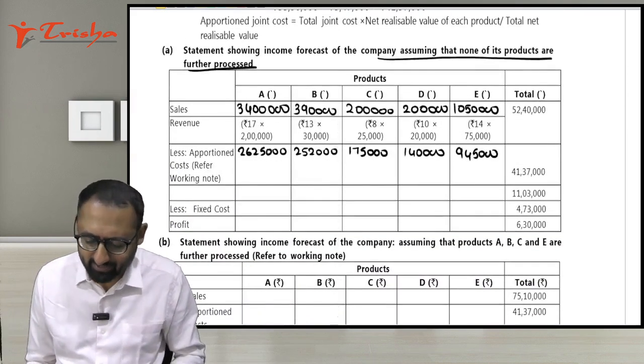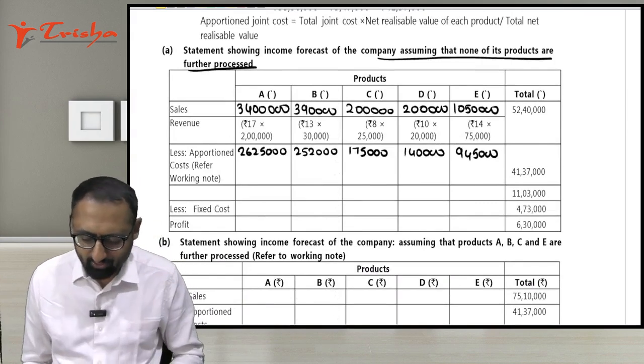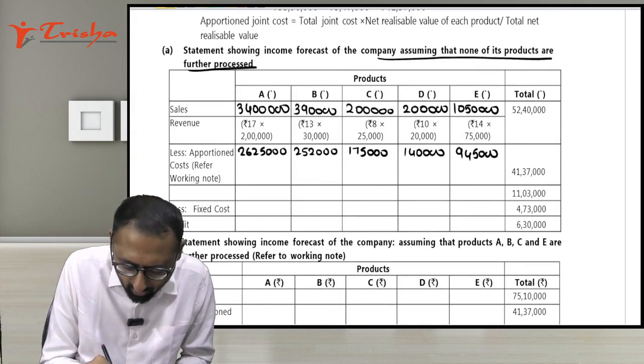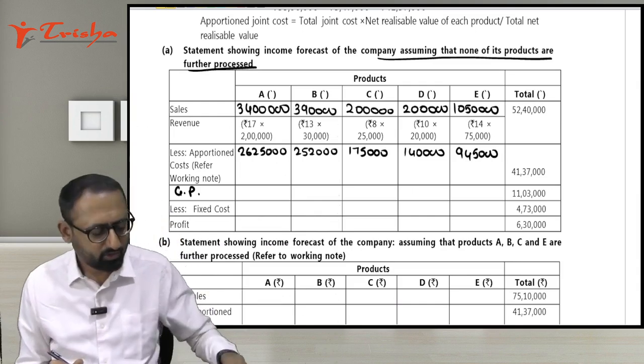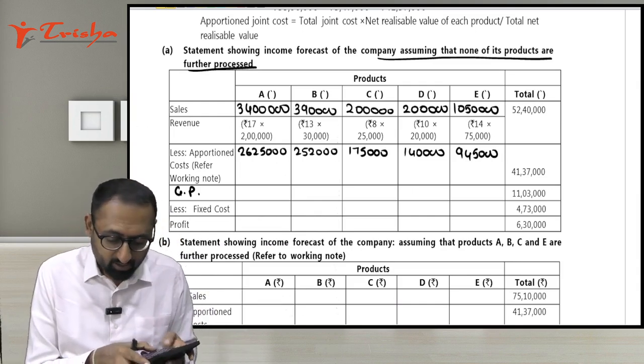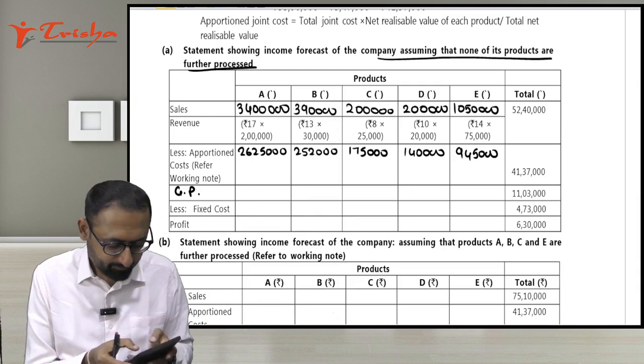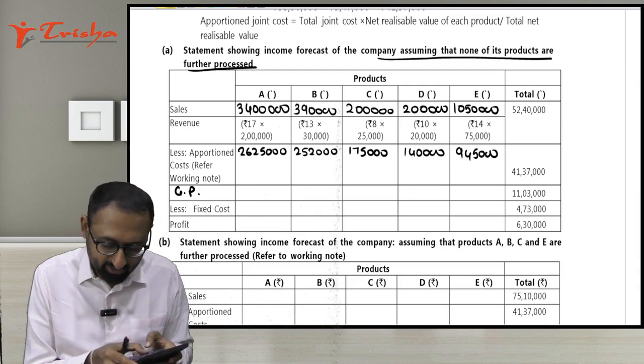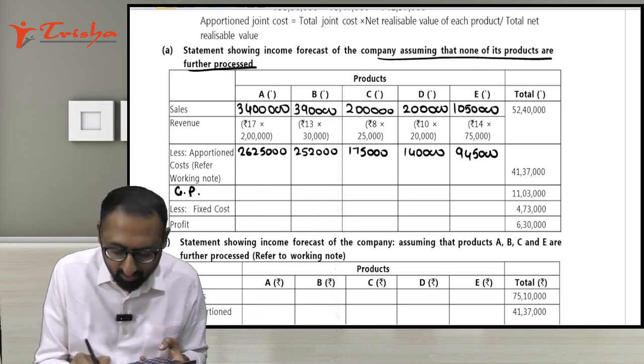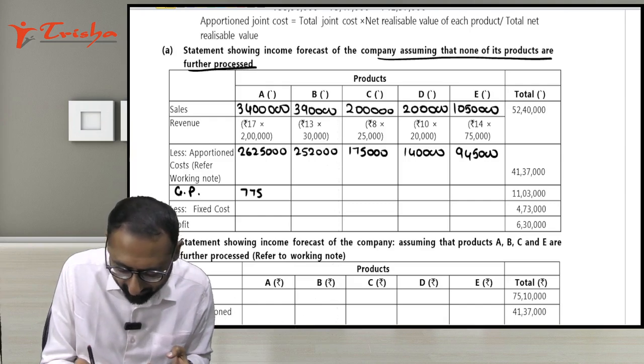Now, guys, fixed cost. Now, take a gross profit. You can check the gross profit. 34 lakhs minus 26,25,000. It comes to 7,75,000.